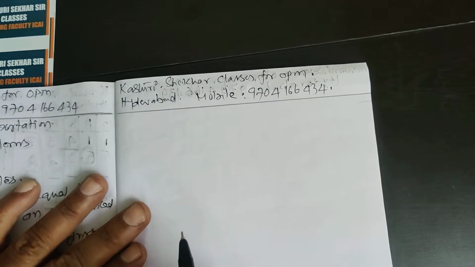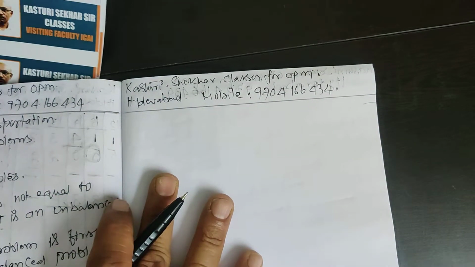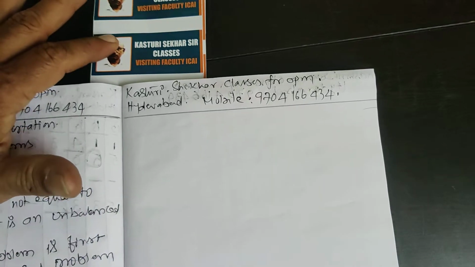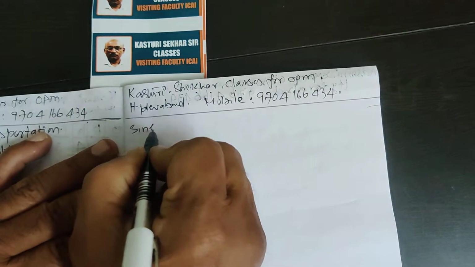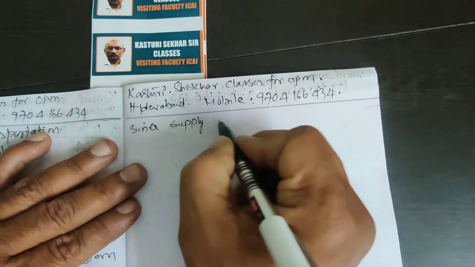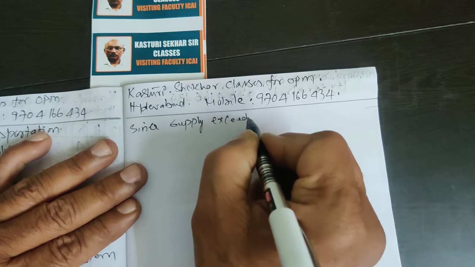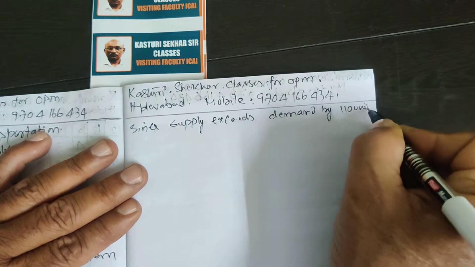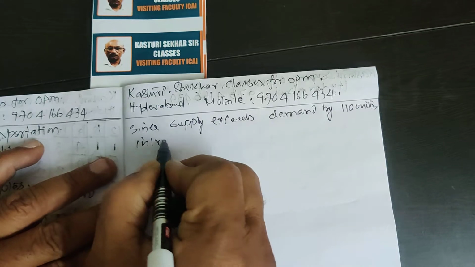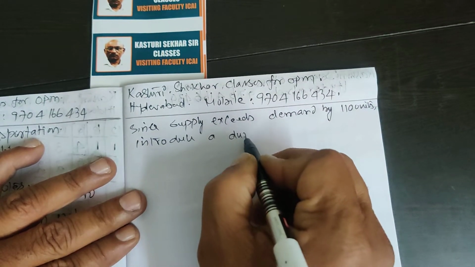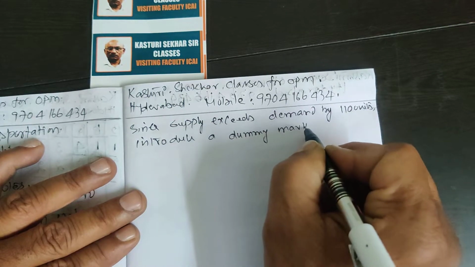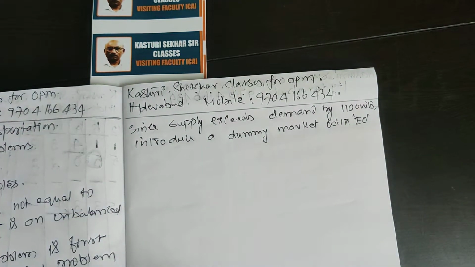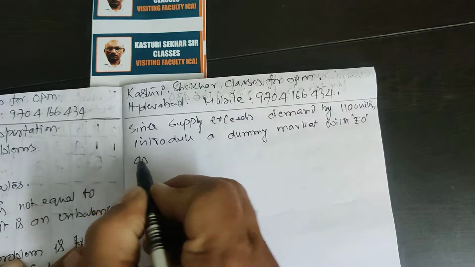Look at this. Since supply exceeds demand by 110 units, introduce a dummy market with rupees 0 as per unit cost.